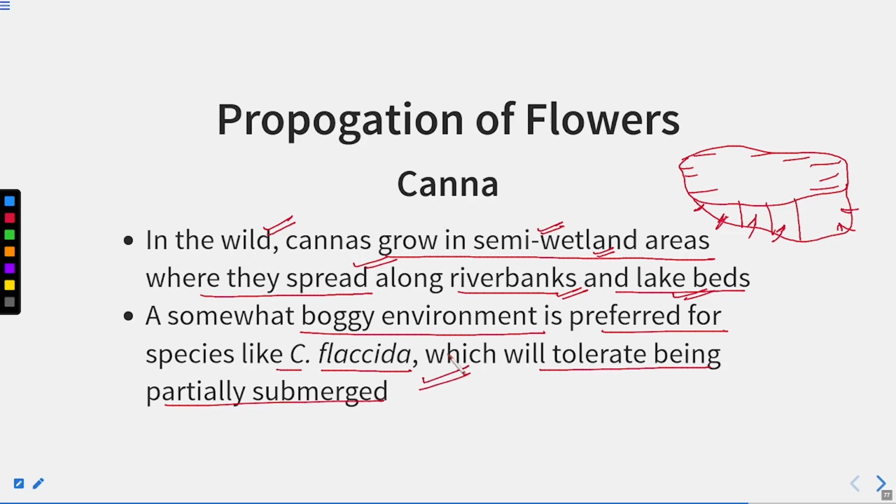So some species even grow in a boggy environment. Canna flaccida can be grown partially submerged, meaning they can have their roots and part of the stem in the water and only the leaves and floral part above the water. So this is partially submerged.